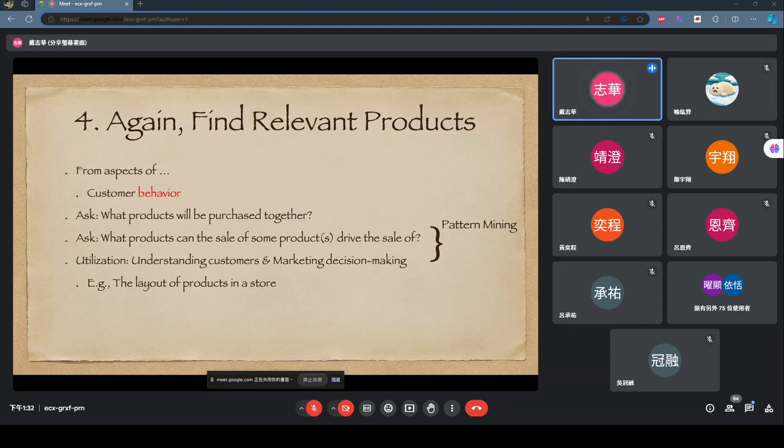So we are not looking at the whole attribute set. We only look at partial parts. Okay, let me just give you an example.